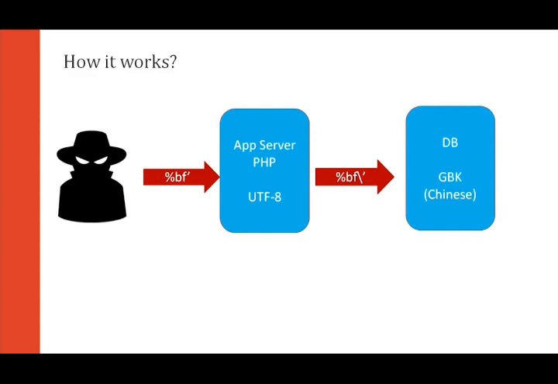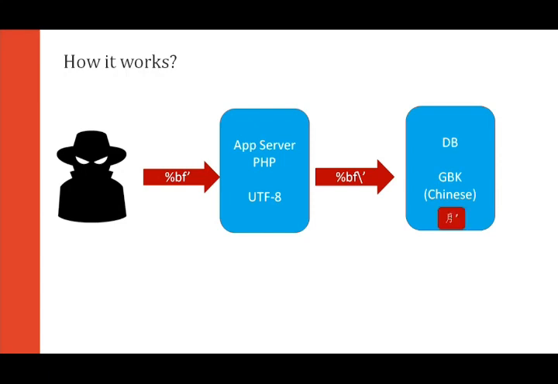As you can see, the application server understands UTF alphabet. It's like one guy with this idiom. And then the database speaks Chinese, which is a totally different way to see the characters. Because it speaks Chinese, it says, you know what, the %BF slash, to me, that represents 1 character, 2 bytes, 1 character.